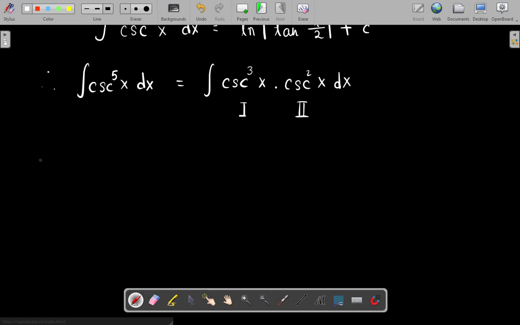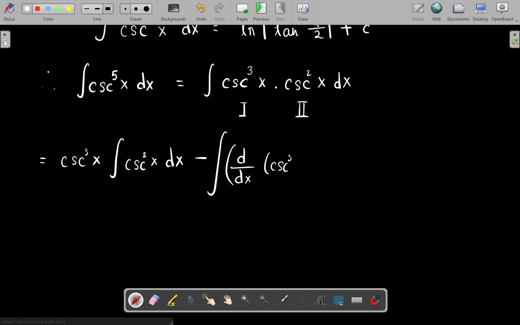If we do that, then we have the first function cosec cube x times the integration of cosec square x dx, minus the integration of the derivative of cosec cube x, that is the first function, times the integration of cosec square x dx. This dx is for the larger integral.